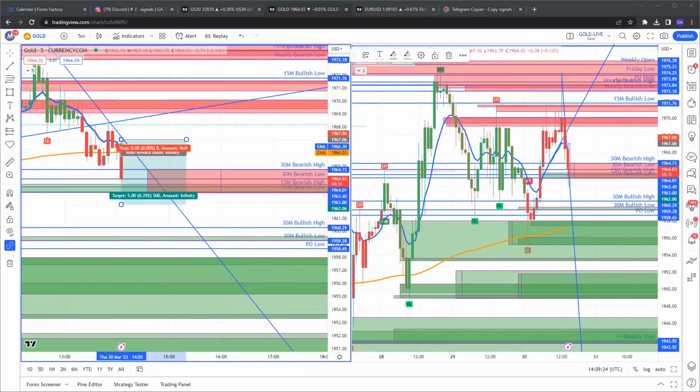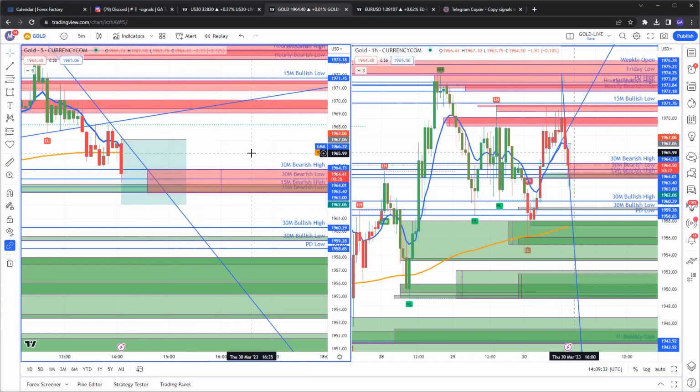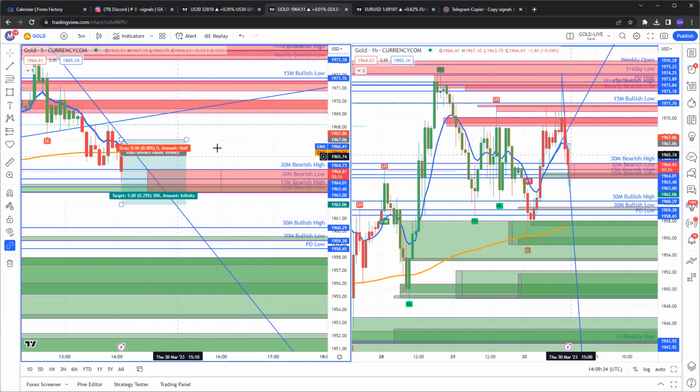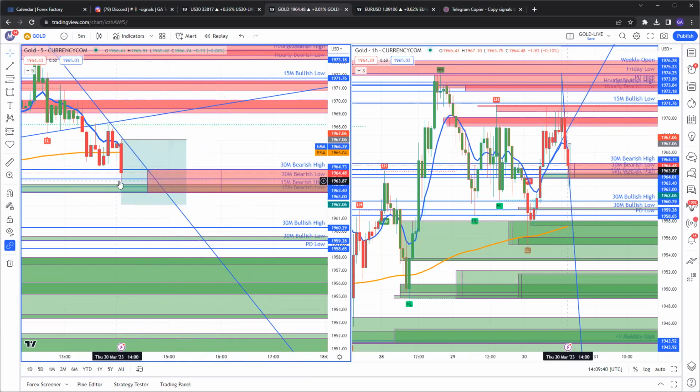So let me see, what do I want to do? Personally, my trade is already at break even, but I need to consider what I want to do here. So you also need to see what is likely to happen. This death cross is definitely forming. Price can still come back, grab liquidity from this demand zone and go up and retest the 9 EMA or retest the trend line, which is likely to maybe kick us out.